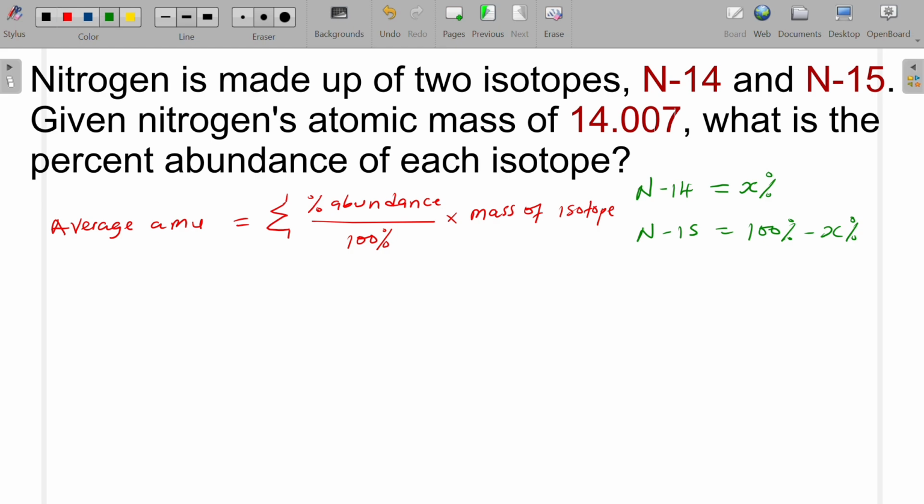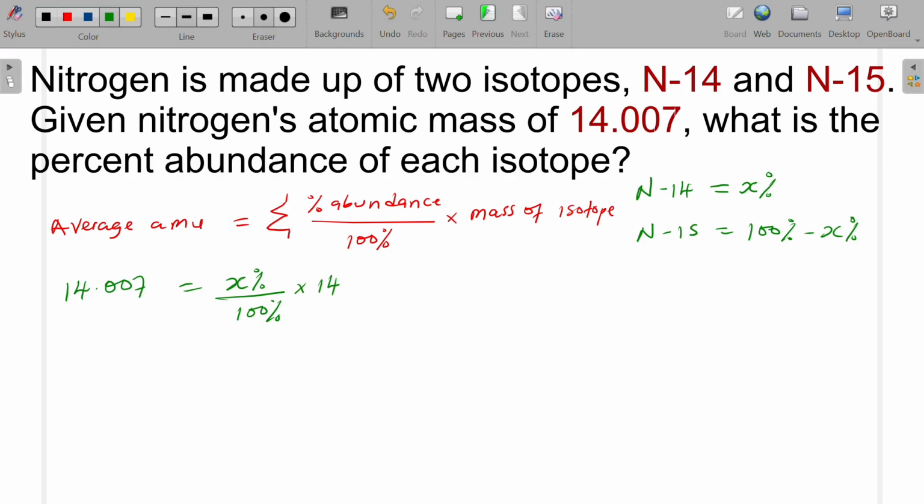So the average atomic mass here is given to be 14.007, like that. And this will be equal to, now there we're going to replace, we said for nitrogen 14, the percentage abundance on top there is X. So we'll have X% on top there, and this will divide by 100%, and then you multiply by 14.